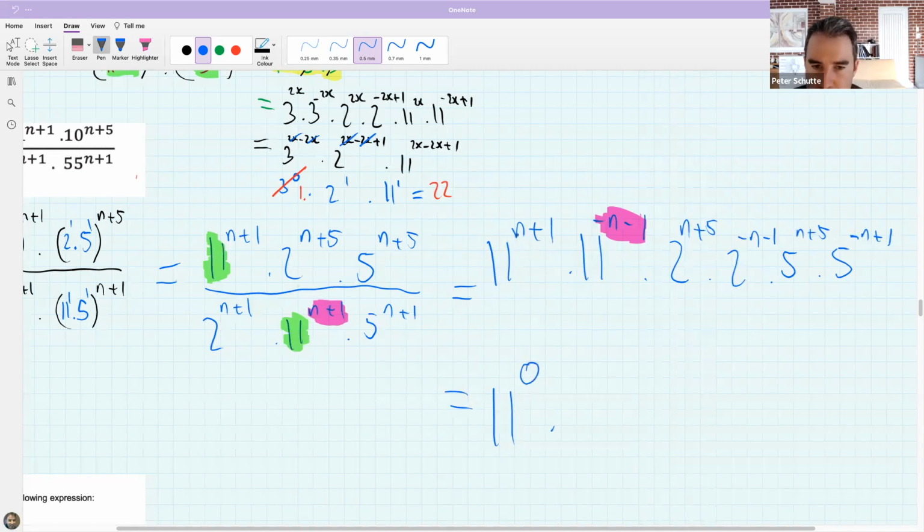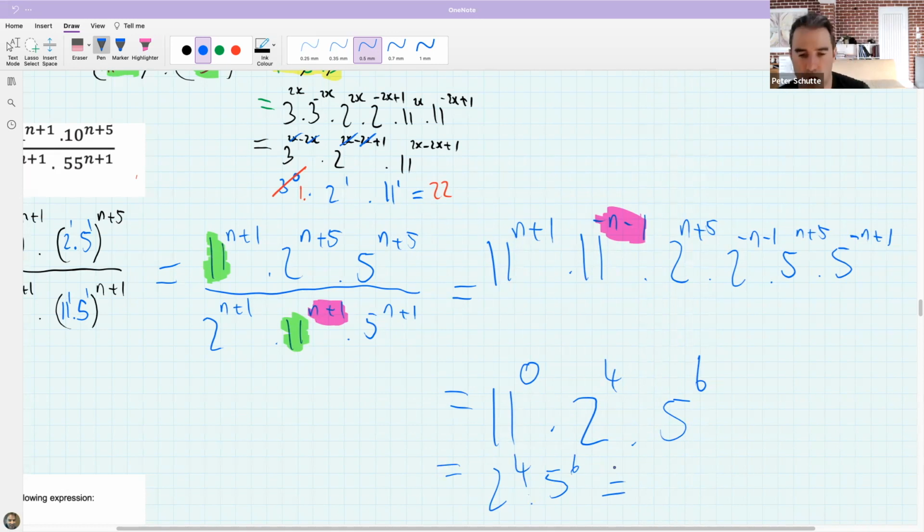Well, n plus 1, that's going to be 0. And then over here, the 2 is going to be to the power of 4, because I have minus n minus 1. And then the 5 is going to be to the power of 6. So you have 2 to the power of 4 times 5 to the power of 6.